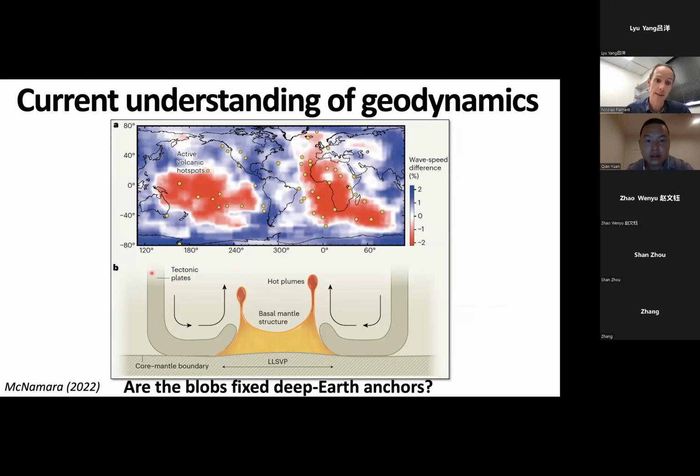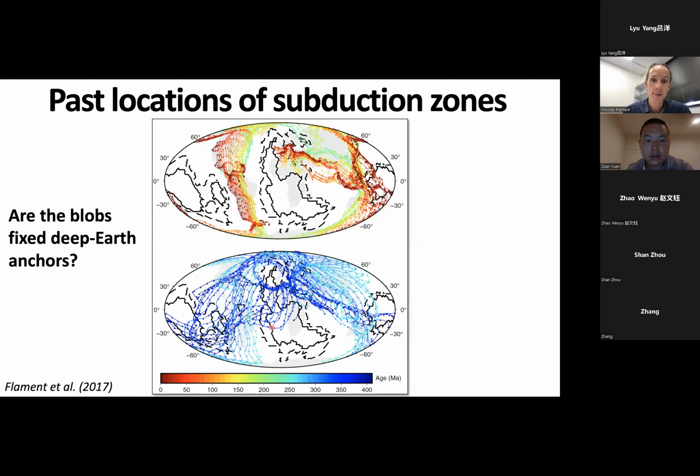As they sink, they push the mantle in front of them, and eventually they may come close to the core-mantle boundary and actually push the blobs themselves. Now, if one accepts that this is one way of moving or forming blobs, it will all depend, whether blobs are static or not, on where subduction zones were back in time.